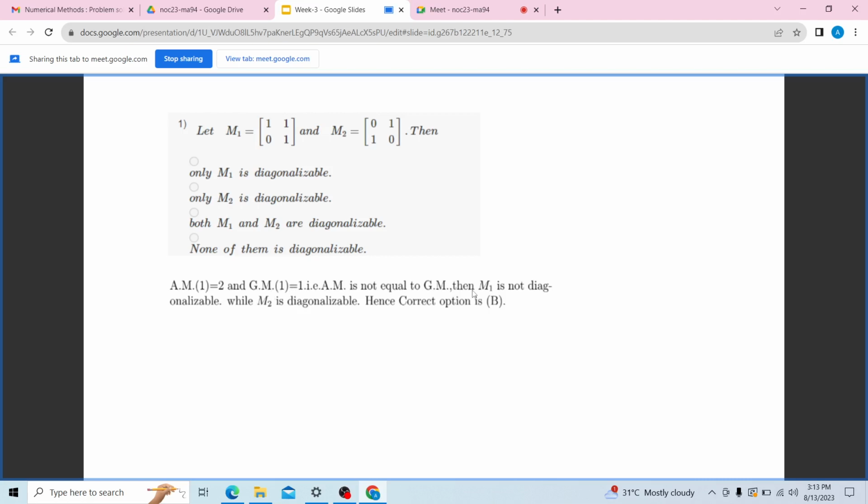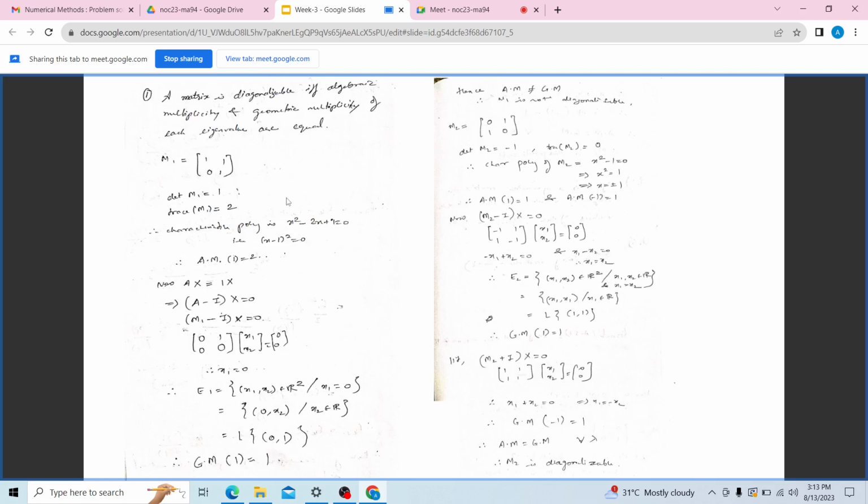Hence, M1 is not diagonalizable. And for matrix M2, you will find algebraic multiplicity equals geometric multiplicity for all the eigenvalues. That's why M2 is diagonalizable. Are you getting it? So here you can see how to solve it.